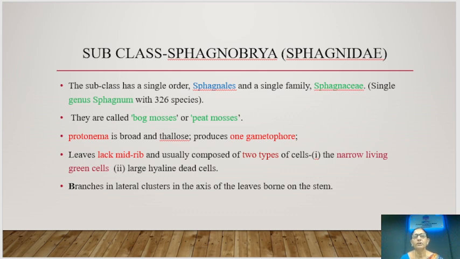The class Bryopsida consists of 3 subclasses. Among the 3 subclasses, the first is known as Sphagnidae. This Sphagnidae consists of 1 order called Sphagnales. These Sphagnales are also known as the bog mosses or peat mosses, and in this, the protonema is thalloid.